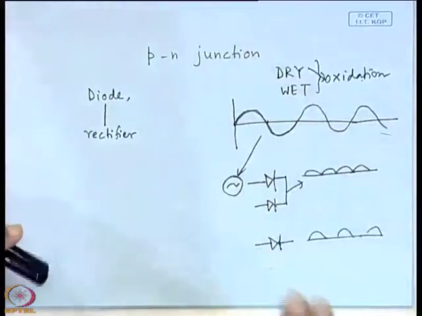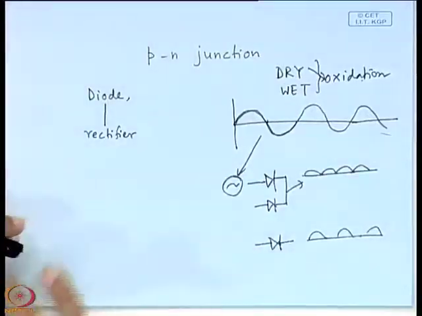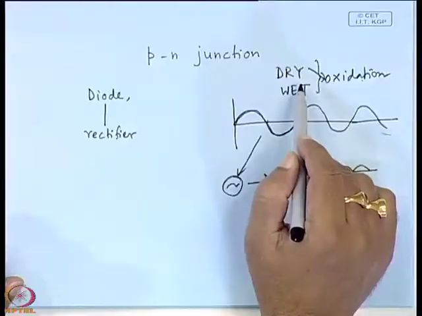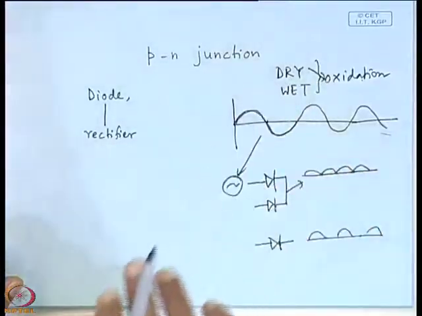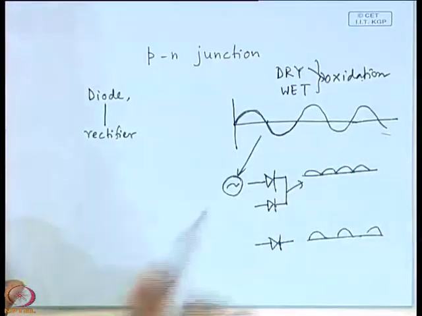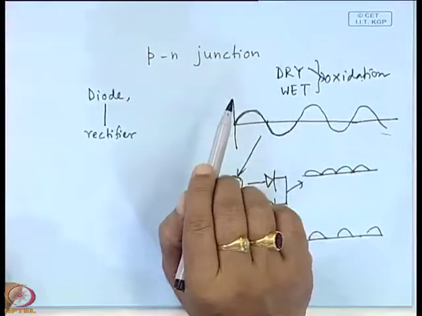The difference between these two is that dry oxidation is very thin and its adhesion with the silicon is better than the wet oxidation. That means the oxide film formed using dry oxidation has better adhesion compared to the wet oxidation film.